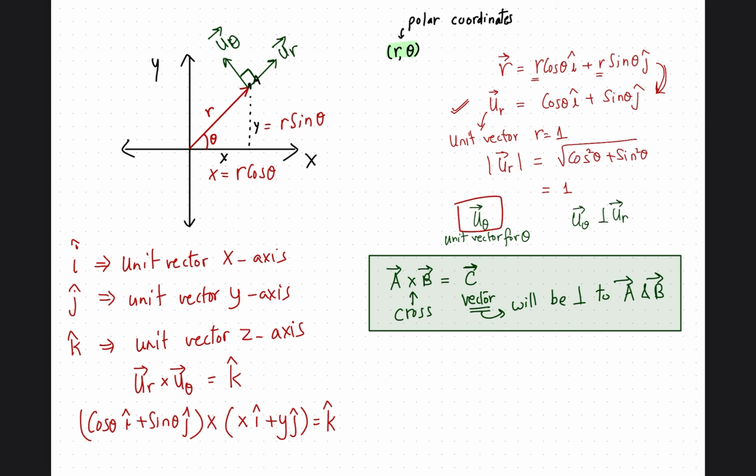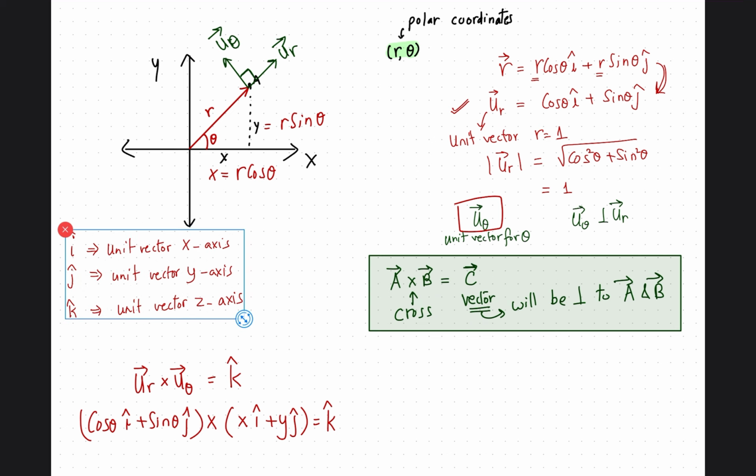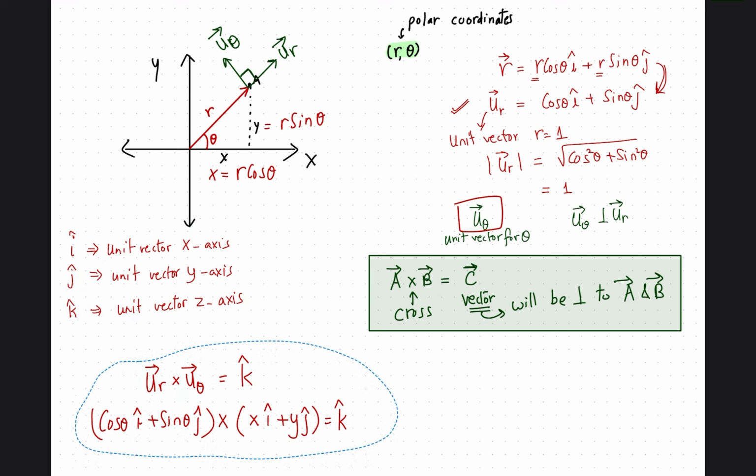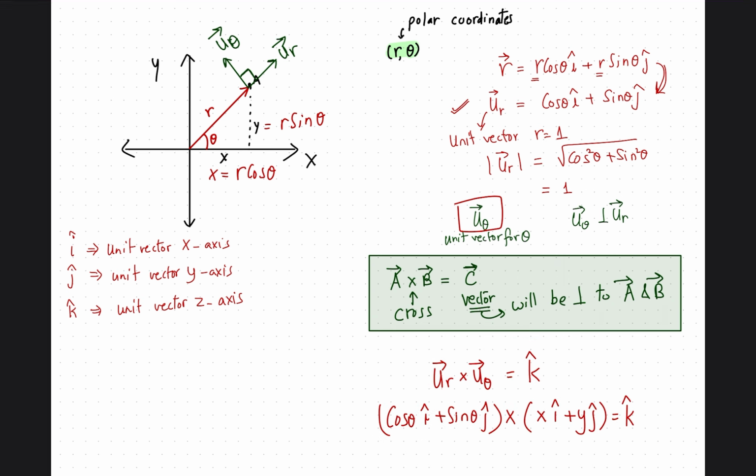Another thing which we want to know about the cross product of unit vectors is that i, j, k are cyclic, like after i comes j, after j comes k.